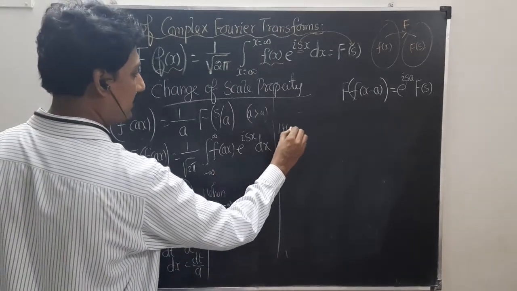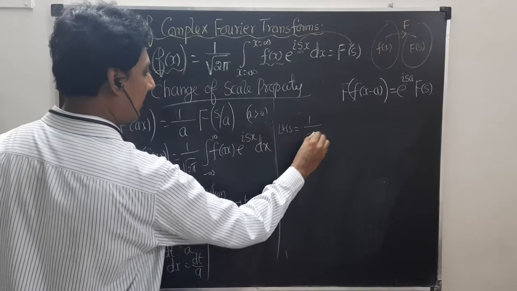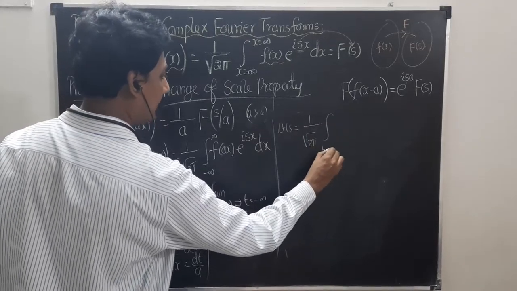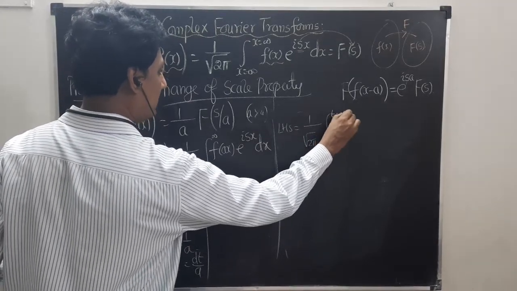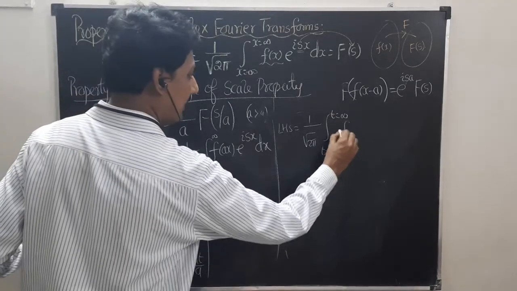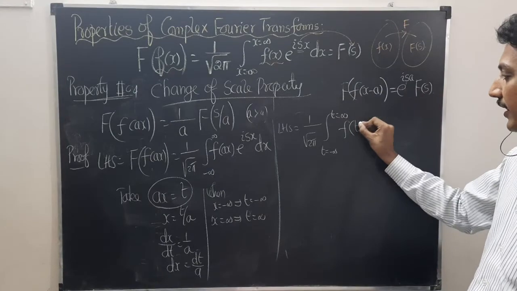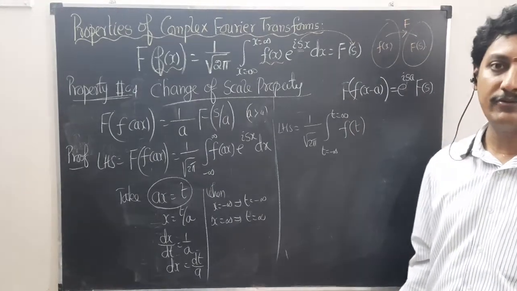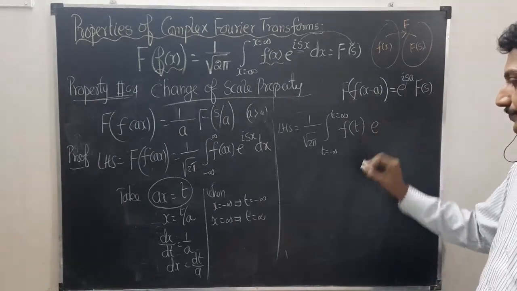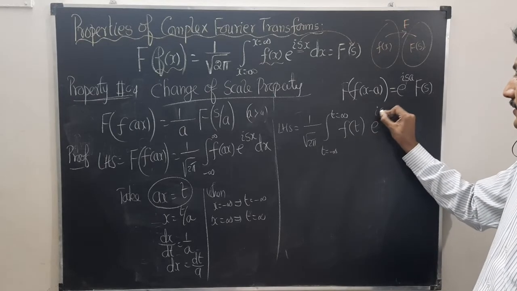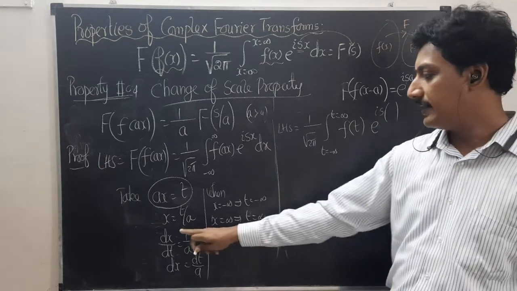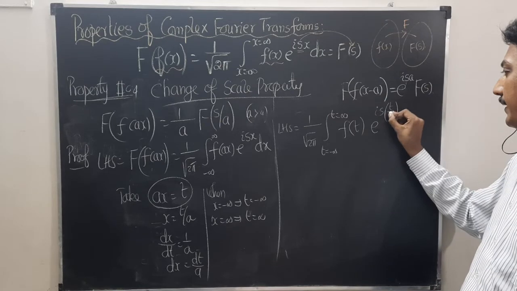Now the left hand side becomes, in terms of t, 1 by root 2 pi, integral from t equal to minus infinity to plus infinity, f of ax. According to my consideration ax equals t, so this is f of t, e to the power i s x, where x is t by a.